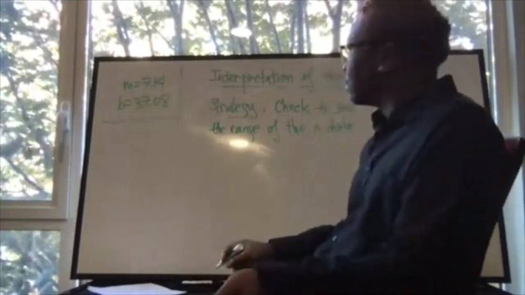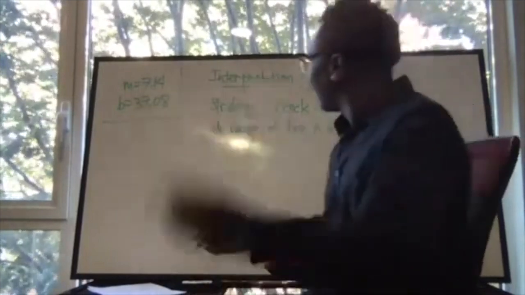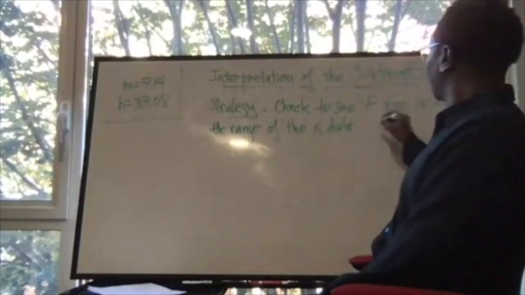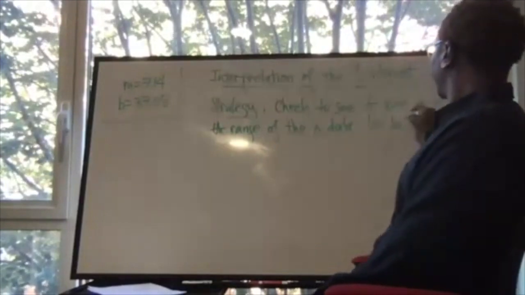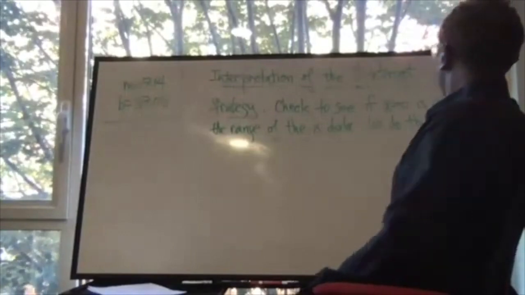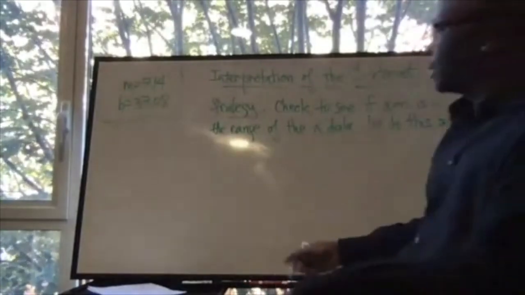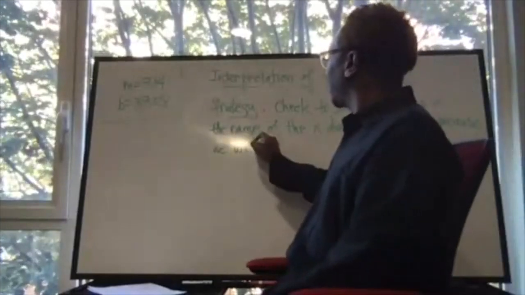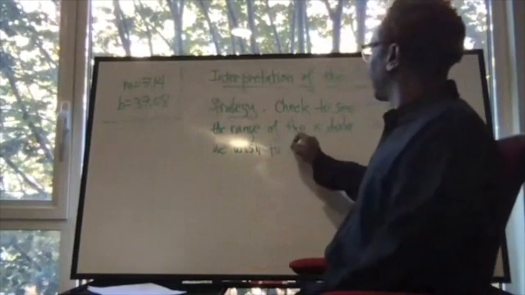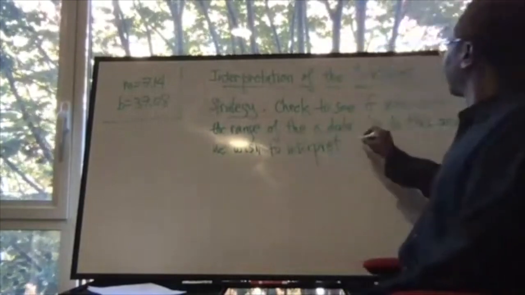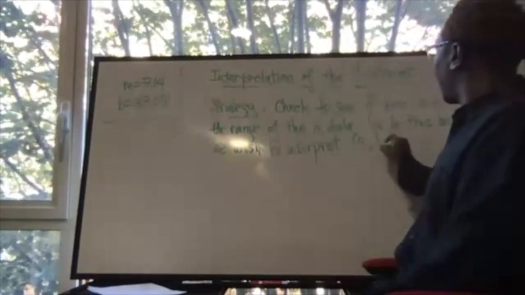Why x equals 0? Why x equals 0? Because, here we go. Check to see if x equals 0 is in the range of the x data. We do this because we wish to interpret 0, comma, b.